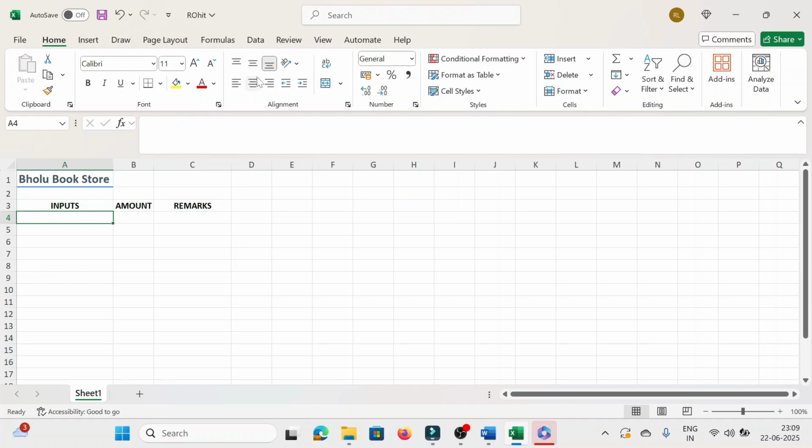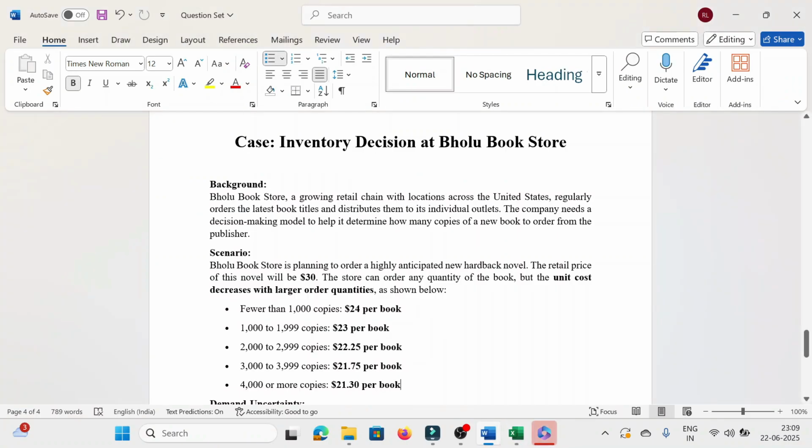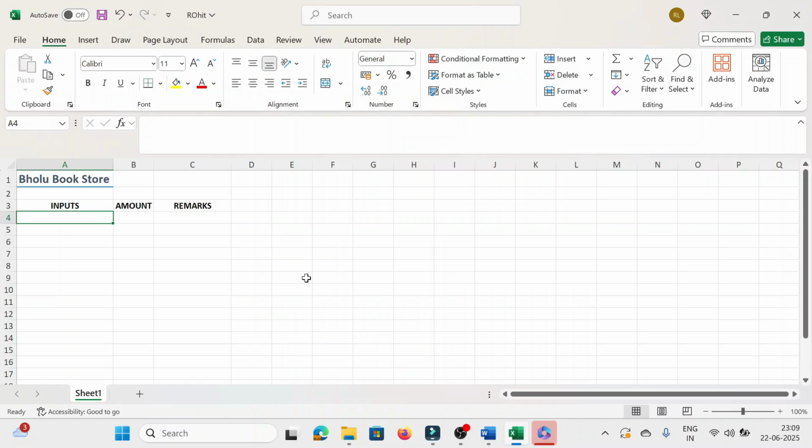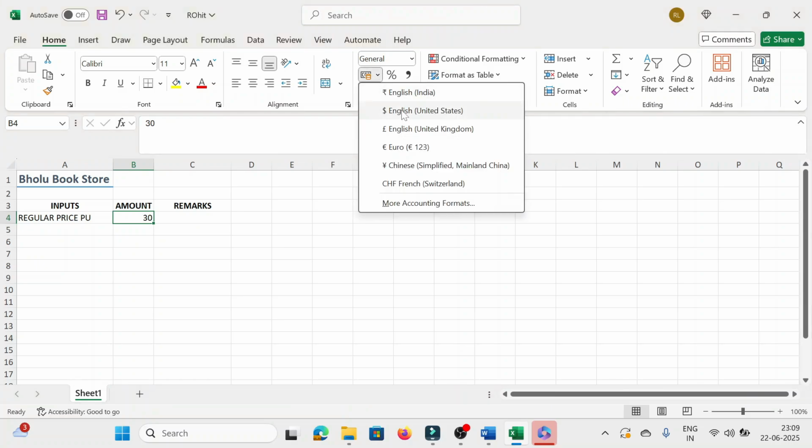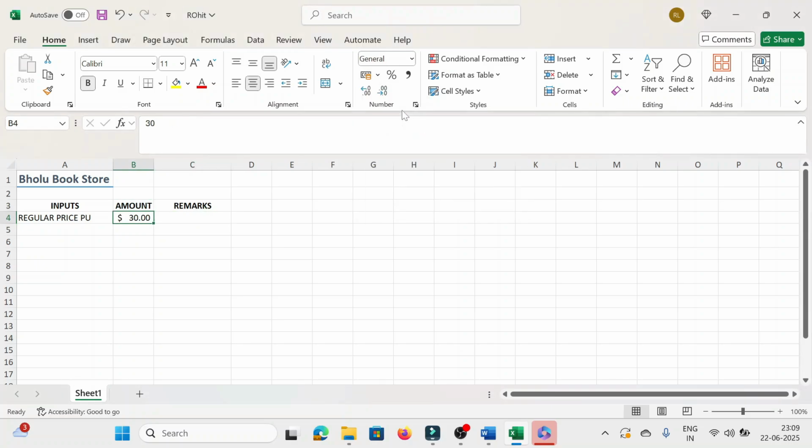Now the first important thing is the retail price of a book is $30. So here I will write price per unit or regular price per unit, that is $30. Here I will change the format to currency.